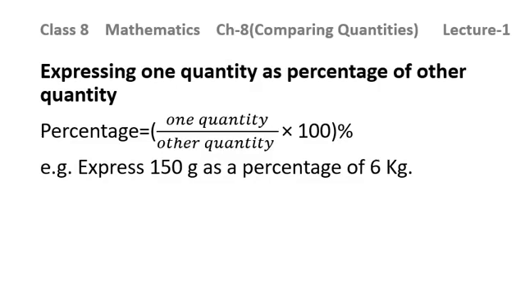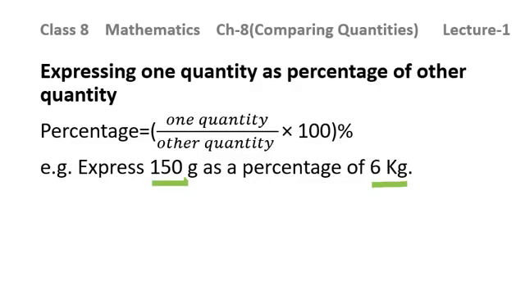But you need to find out which should be the denominator and which one will be the numerator. As we need to express 150 grams as a percentage of 6 kilograms, 150 grams should be the numerator and 6 kilograms should be the denominator. 6 kilograms is the whole quantity given to you, and we need to express 150 grams as a percentage of 6 kilograms.